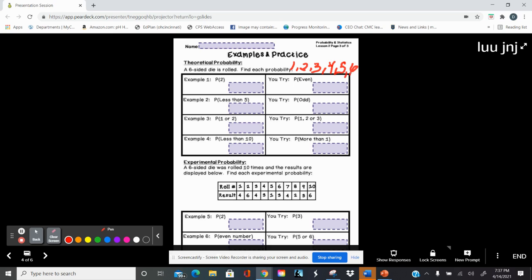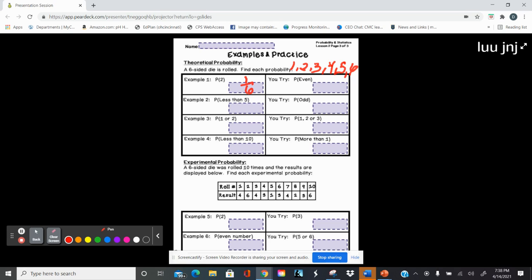We only see 1. If we think about our formula, the favorable outcome is 2, and that goes on top. It's only one of them, but that goes on top. So we have 1, and then the total number of outcomes is 6. That would be our probability of the die landing on the number 2.